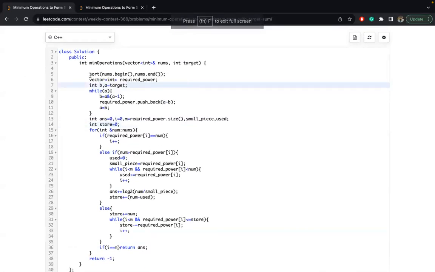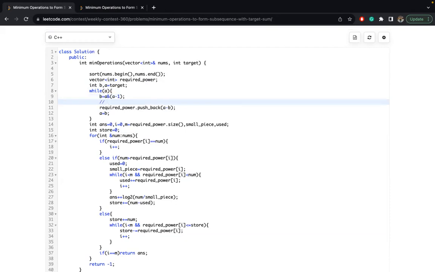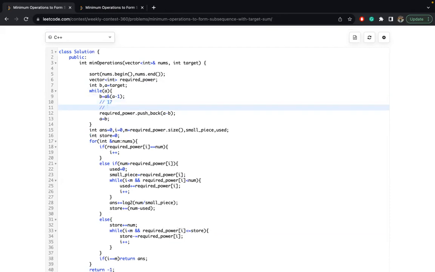So first, you are sorting nums, then you are finding required powers. To find required powers, you are doing some bitwise operations. In bitwise operations, if your value is 17, then the least significant power of 2 is 1, and another value is 16, right? To find one, what I'm doing is a bitwise AND operation like 17 AND 16, that is 17 minus 1.